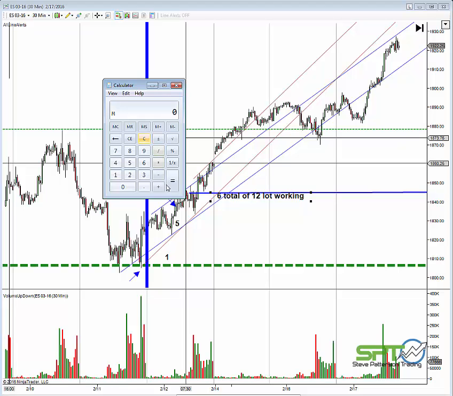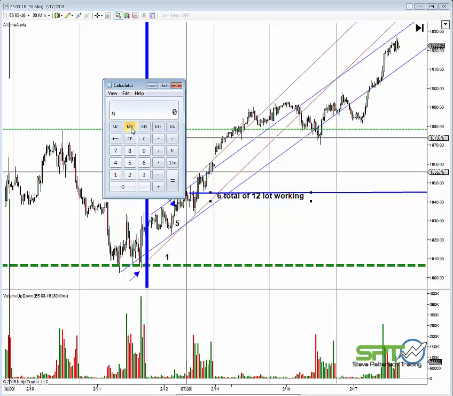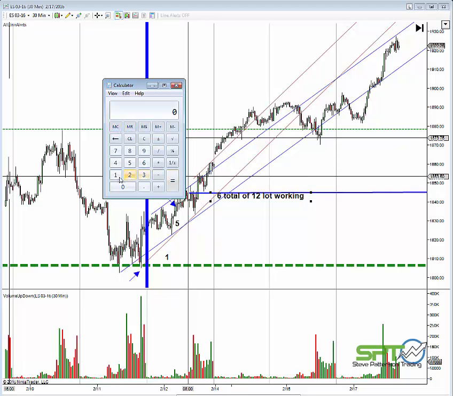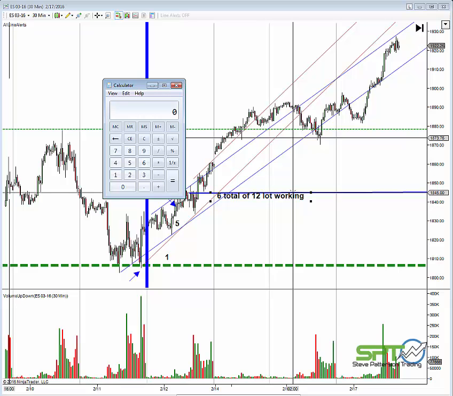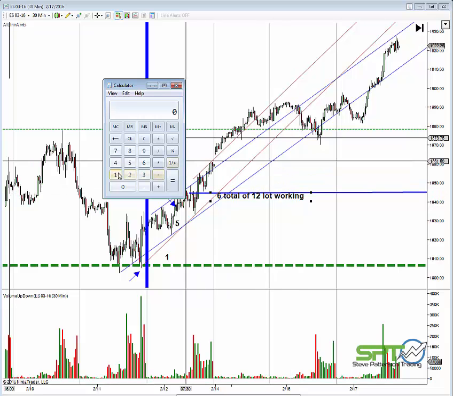However, if you have, oh, damn it. What happened there? If you have a 12 lot, and the difference is 1843, I believe it was, right? 1843.